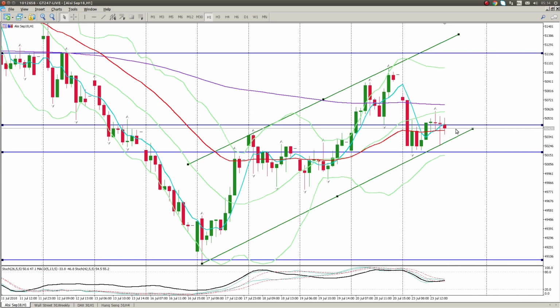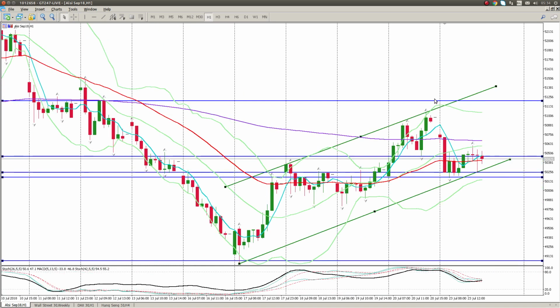In my eyes, I think wait and see what the open brings. If we can hold this trend line here, and we need to stay above this tail here, then we have a potential setup for the trade back up to the top of this channel, and ultimately I would utilize this level here.